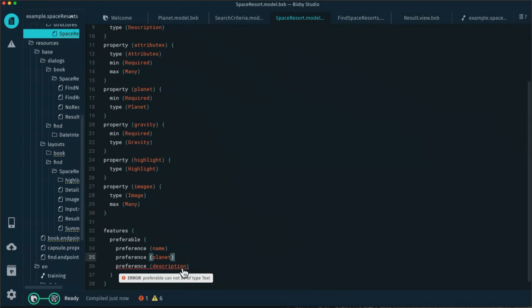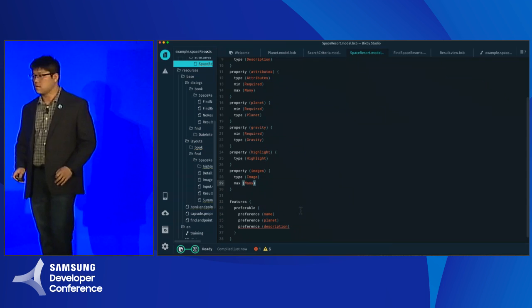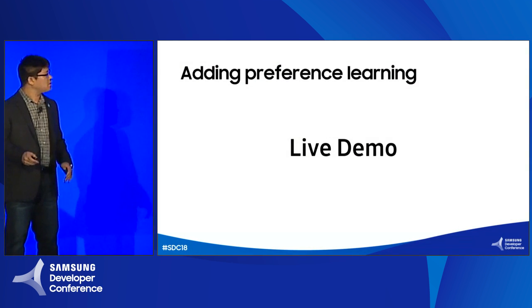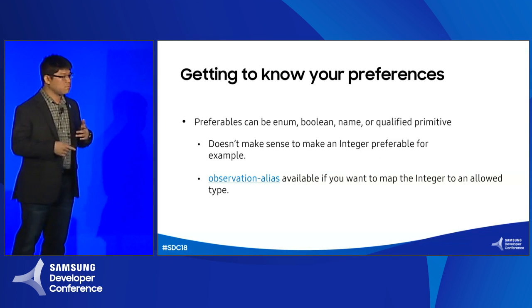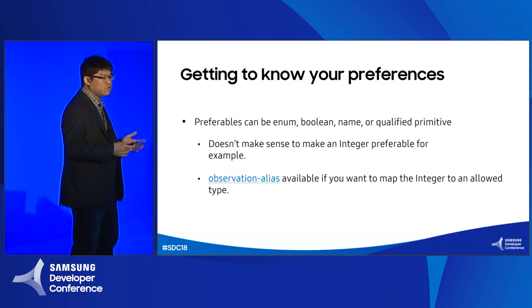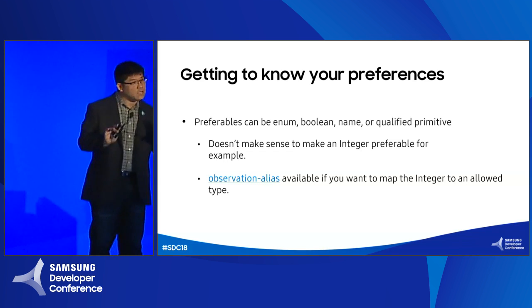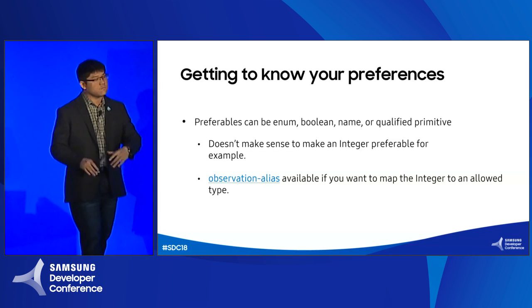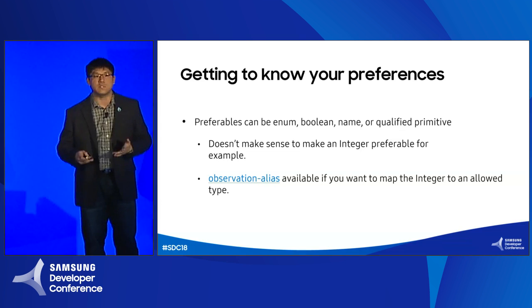What is this? Looks like we have an error here. This says a preferable cannot be of type text. What does that mean? Great question, Paulina. Let's jump back to the slides and take a look. So preferables can be of type enum, Boolean, name, or qualitative primitive. In short, it means that this value needs to be something that makes sense to a Bixby system.